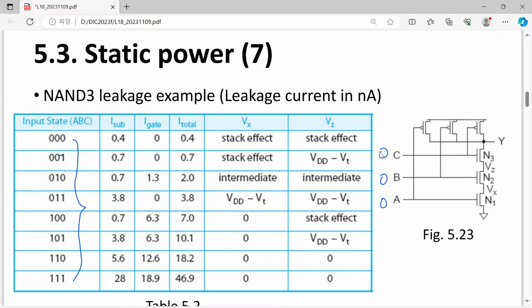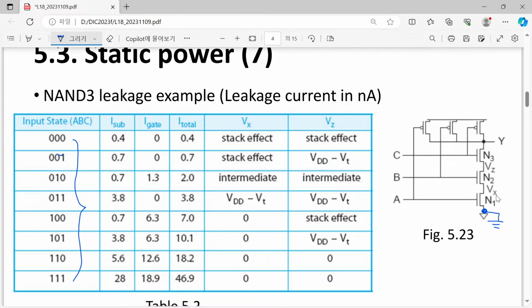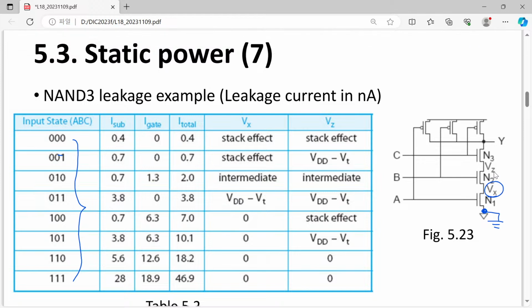Depending on these cases, the source of the N1 transistor is always grounded. However, the source of our N2 device or N3 device really depends on the bias condition.